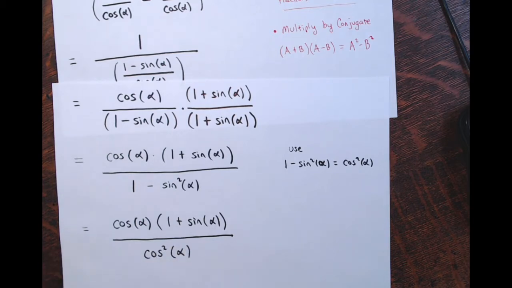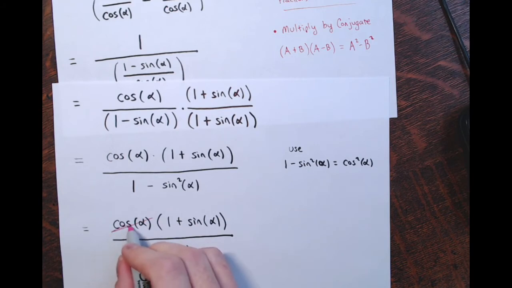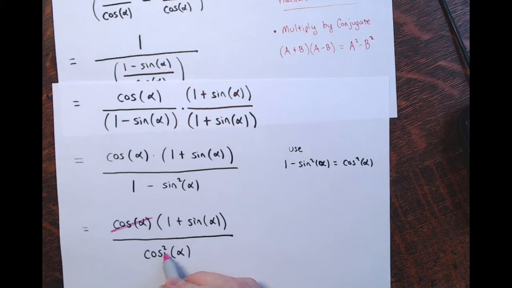And now I have some stuff I can cancel. There's a factor of cosine, that was the whole reason I left it factored, so I could try to simplify the fraction later. I have a factor of cosine in the numerator, and there are two factors of cosine. This is technically cosine times cosine, so I'm just getting rid of one of those, and this is cosine now. It is cosine to the first.